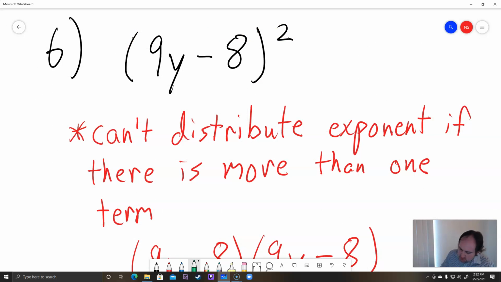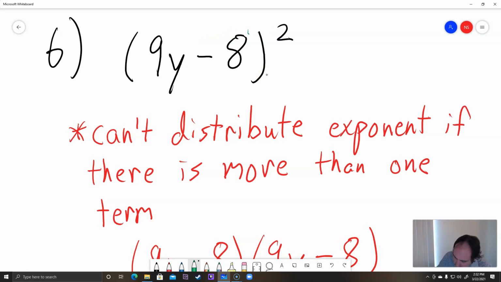You would think that you could distribute this square to each of those factors. So you would think you would get 9y squared minus 8 squared, right? So that would be 81y squared minus 64. Or maybe plus 64. That's not correct. So you cannot do that.